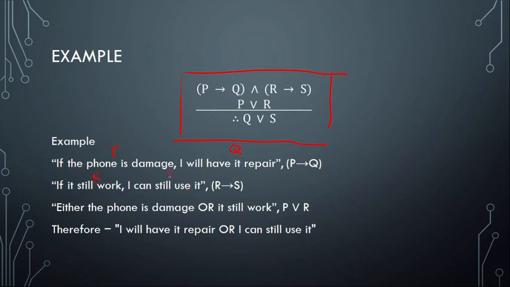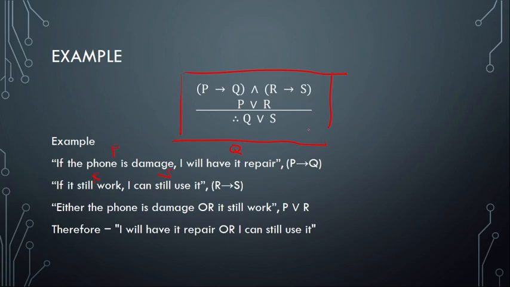You can see that the "then" can be left out as long as the "if" statement is there. So: if the phone is damaged, then I will have it repaired. If it still works, then I can still use it.